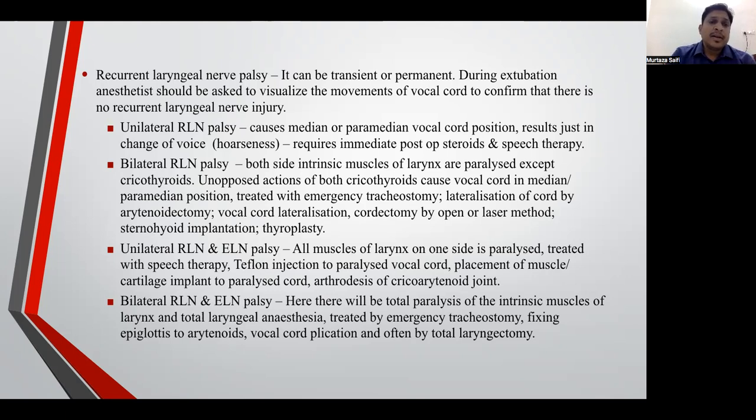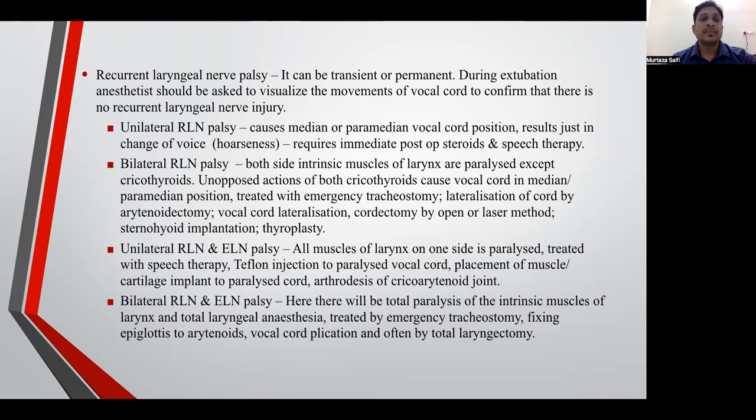Then unilateral recurrent laryngeal nerve and external laryngeal nerve palsy. All muscles of the larynx on one side are paralyzed.